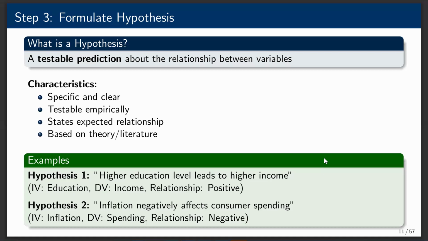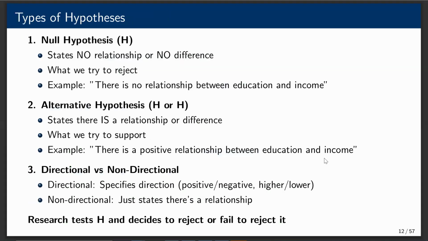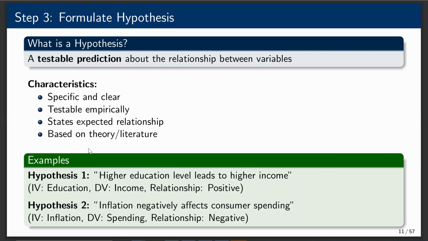Inflation is the independent variable, the dependent variable is spending, and the relationship is negative. So your hypothesis should be specific and clear, and you can test it empirically, through statistics, various regression models, a t-test or any other test. Most importantly, it should be based on theory or literature.